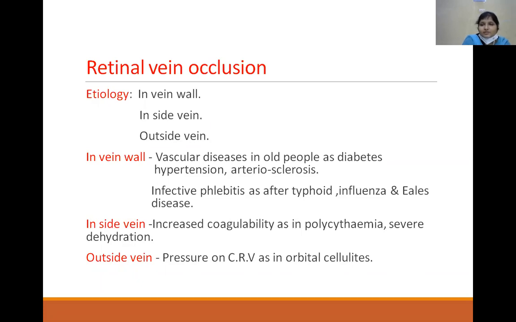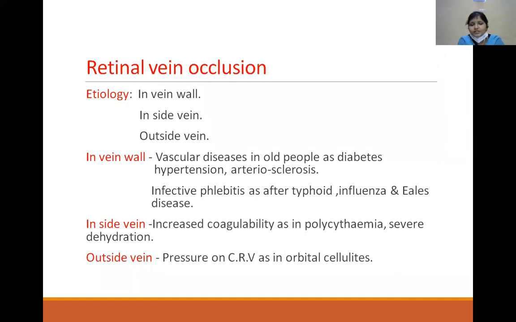The conditions responsible for occlusion in the vein wall are vascular diseases in old people such as diabetes, hypertension and arteriosclerosis. Similarly, infective periphlebitis, as after typhoid, influenza, Eales disease, sarcoidosis, SLE, can all cause inflammation of the vein wall, leading to increased coagulation of the blood.